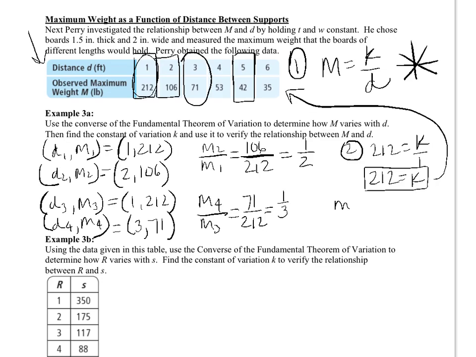If we have m equals 212 over d, m should equal 212 divided by 5. That equals 42.4, which is really close to that 42. So that definitely looks like it works.